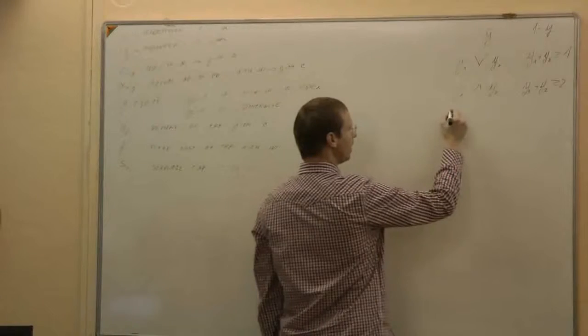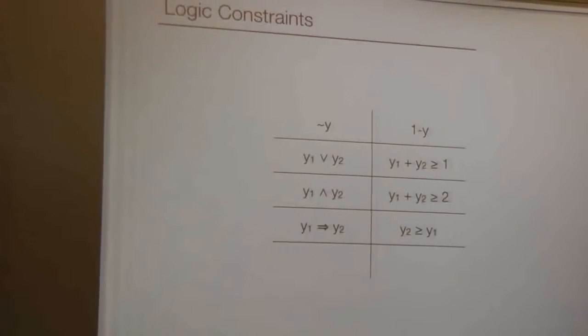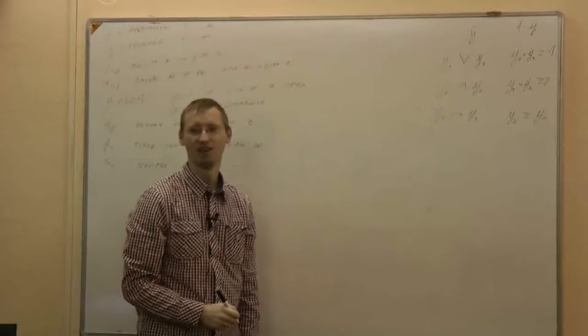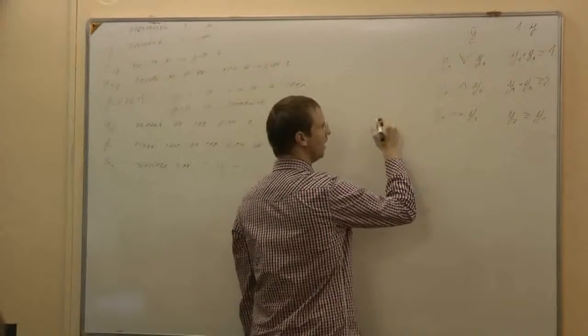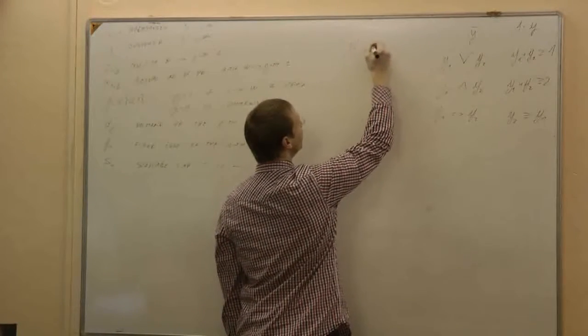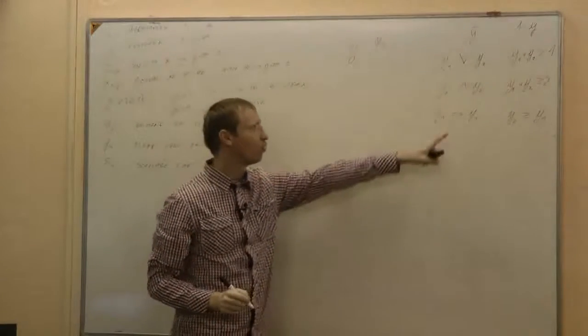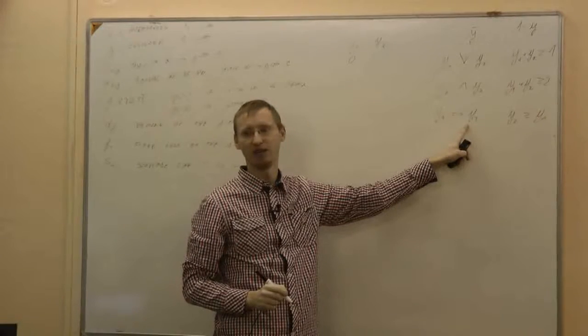We can have implications like y1 implies y2, which is equivalent to y2 larger than or equal to y1. Now, does it make sense? So what we are saying is, if y1 is 0, what should be the value of y2 which satisfies this implication?